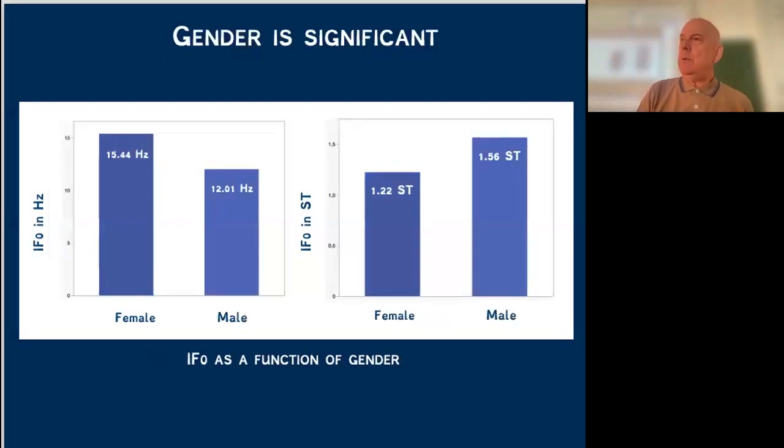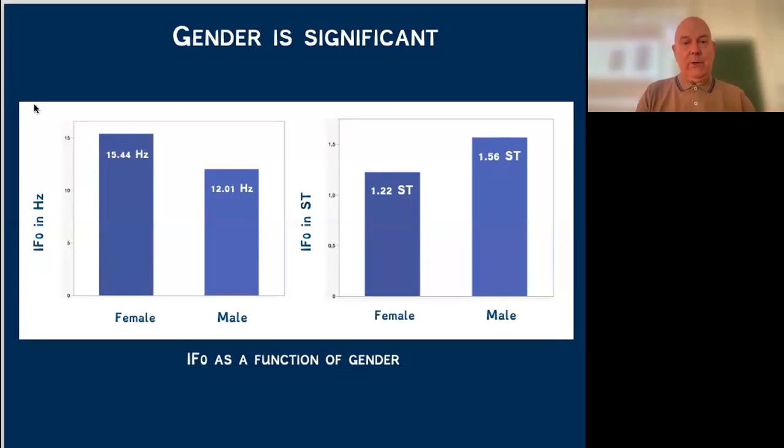The second conclusion is that if you look at differences between male and female speakers, there is a difference, and that difference turns out to be significant. But the difference goes in different directions depending on whether you look at the Hertz scale or the semitone scale.